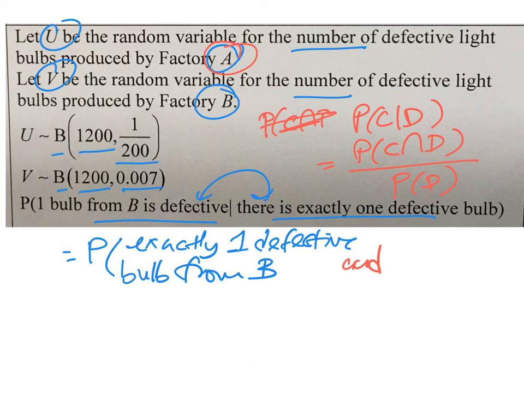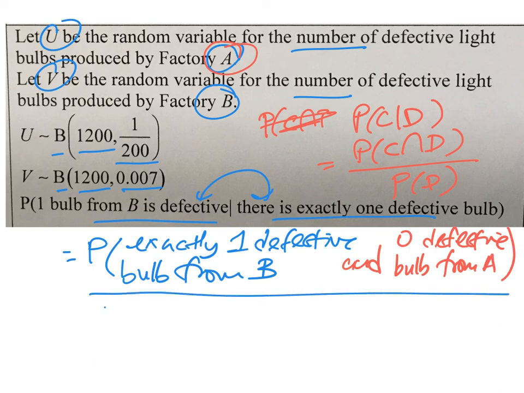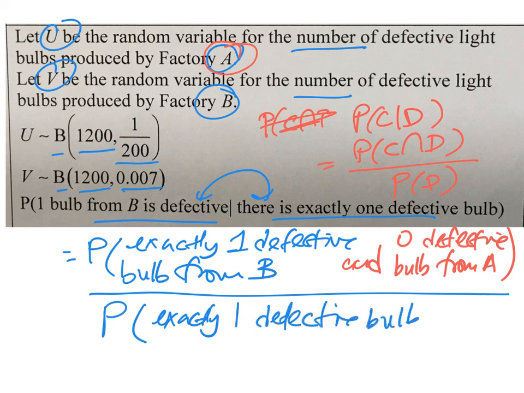In other words, 0 defective light bulbs from A has to be considered as well. This will be divided by the probability of the condition, which says that there is exactly one defective light bulb from the samples gathered from A and B.